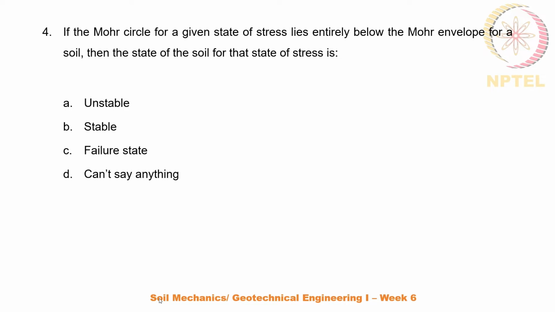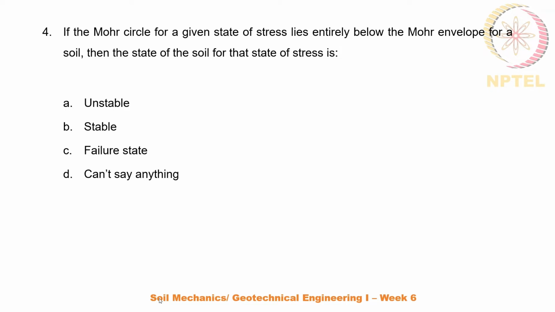If our Mohr circle is falling entirely below the Mohr envelope, what will be the state of the soil for that particular state of stress? Option A, unstable. Option B, stable. Option C, failure state. Option D, can't say anything.